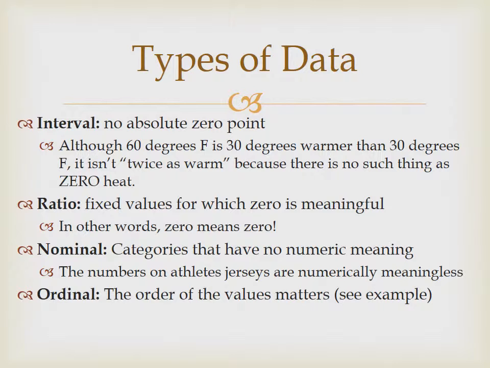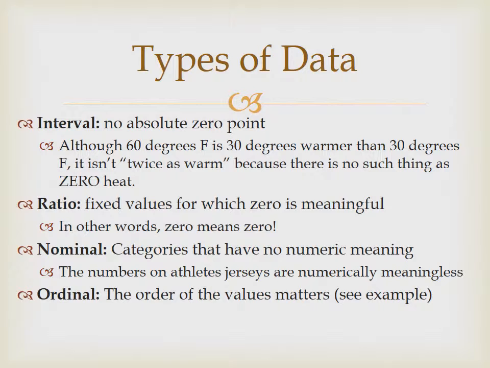Now, sometimes people get interval and ratio, the names, confused. And I like to say the easiest way to remember that ratio is the one where we have a meaningful 0 is that you think about the example before where I said 30 is not half of 60 in this case, and that's for interval data. What we're really talking about there are ratios.